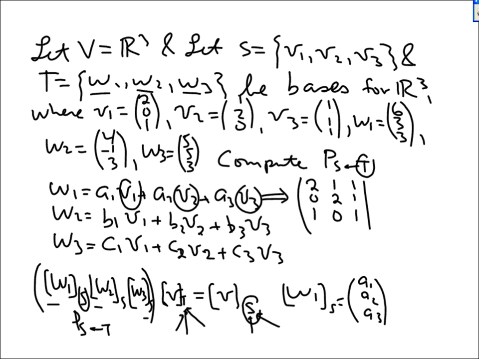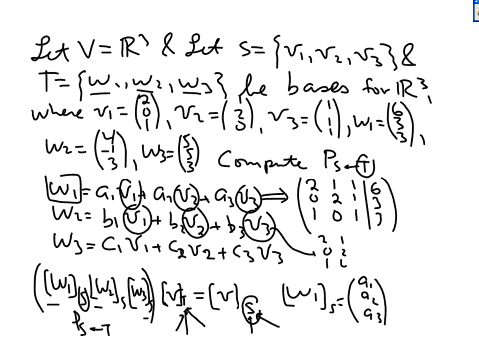And you would augment it with W1, which is 6, 3, 3. Now, to solve the second one, you would take the same three vectors, V1, V2, V3, and augment it with W2, which is 4, negative 1, 3.